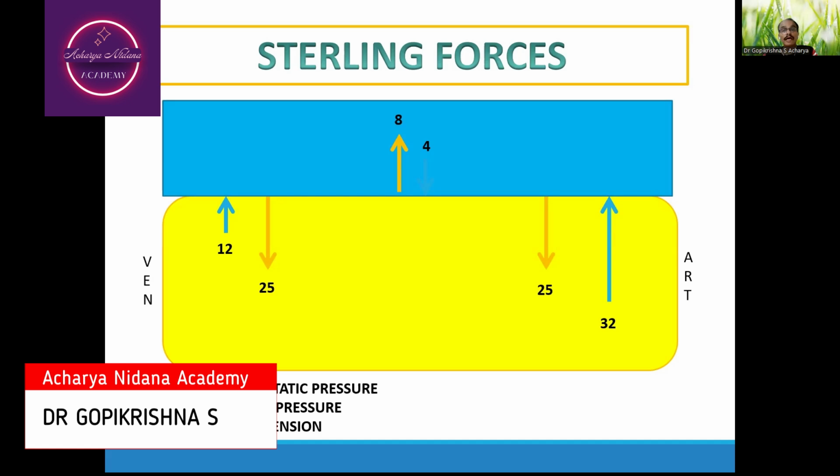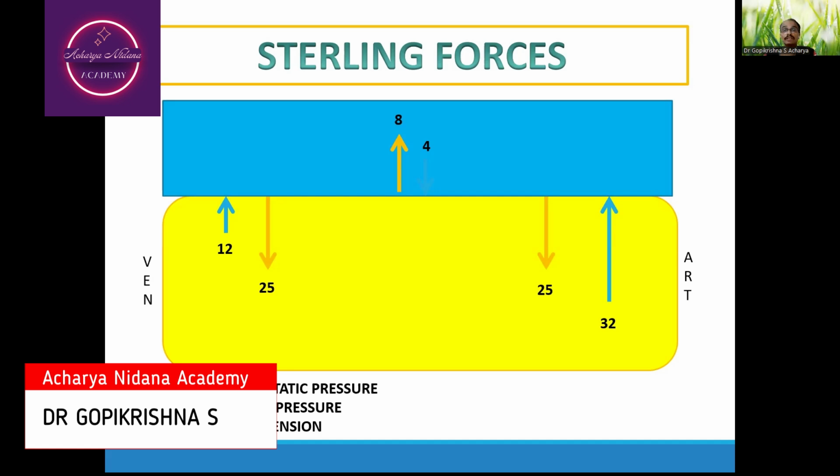The hydrostatic pressure happening across the capillary membrane is responsible for the pushing effect. That means the hydrostatic pressure present at the capillary is responsible for the movement of fluid from the capillary to the interstitial space. Whereas the oncotic pressure exerted by the proteins and electrolytes is responsible for the pulling effect.